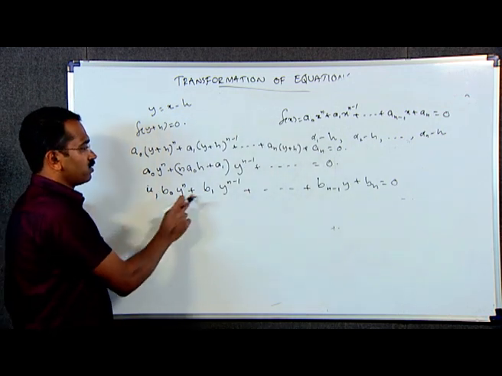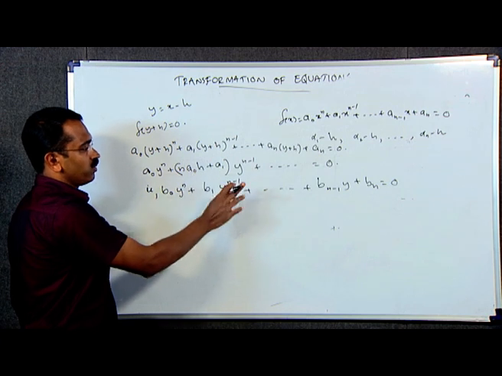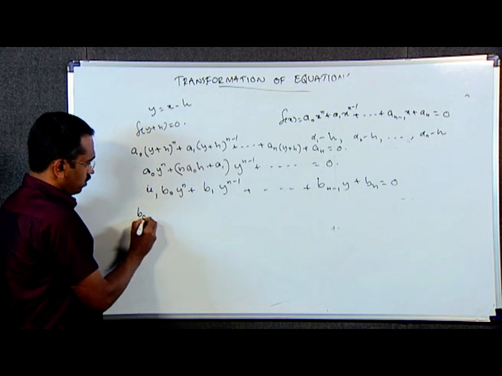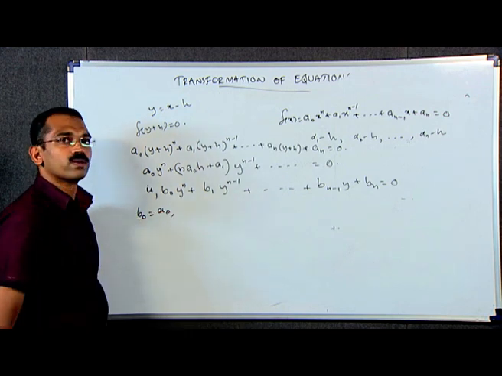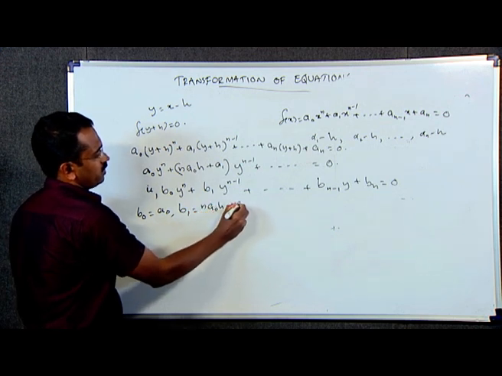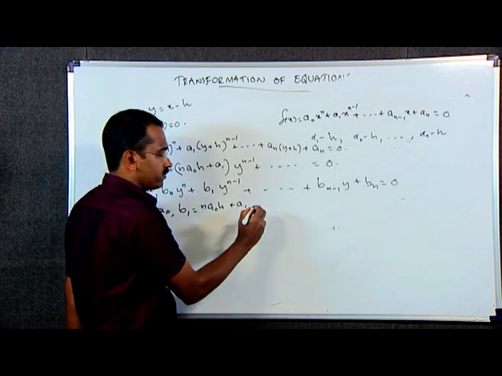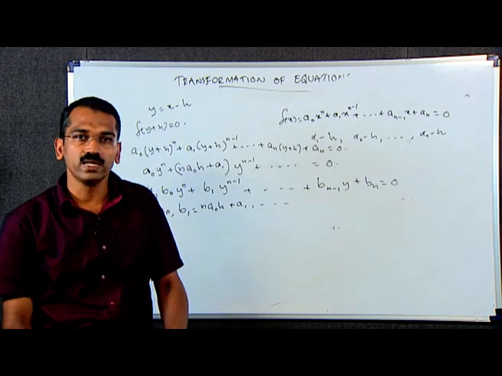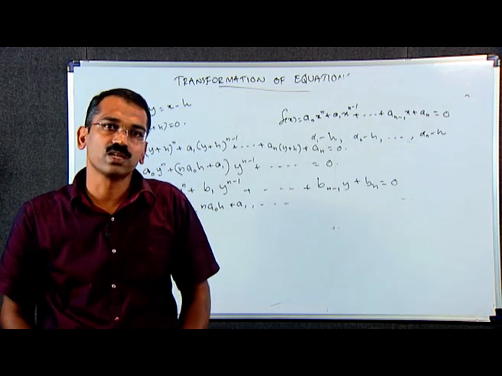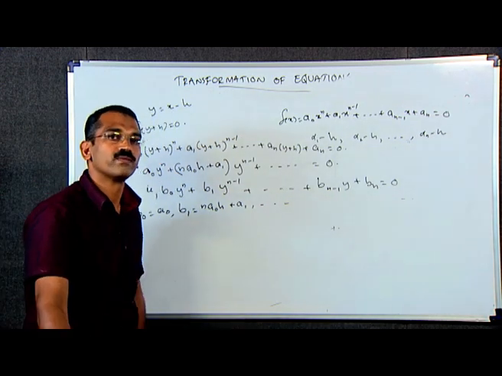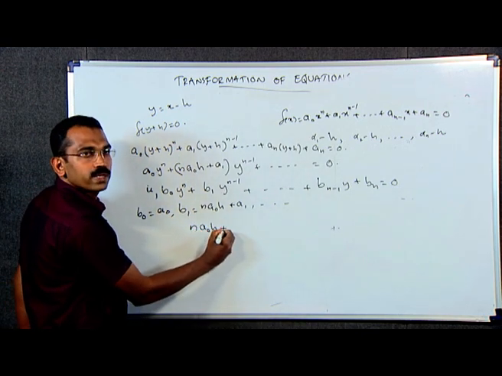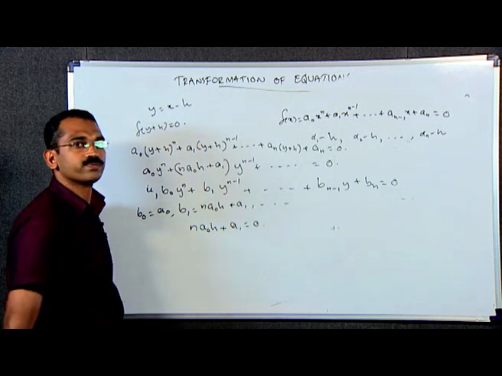Where b naught is a naught, b 1 is equal to n into a naught into h plus a 1, and so on. That is b naught equal to a naught, b 1 equal to n a naught h plus a 1, etc. If the term containing y raised to n minus 1 is to be absent in the transformed equation, then we will get n a naught h plus a 1 is equal to 0.